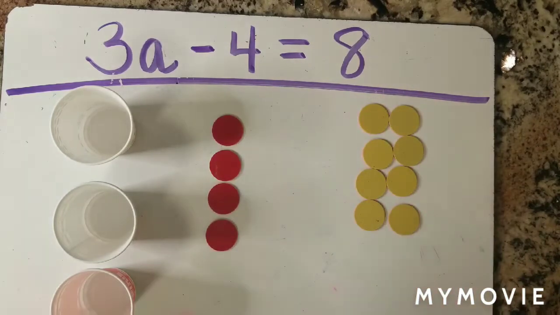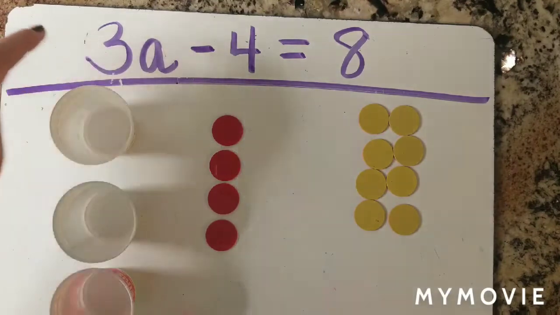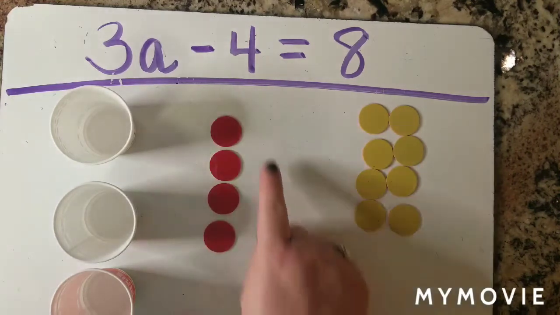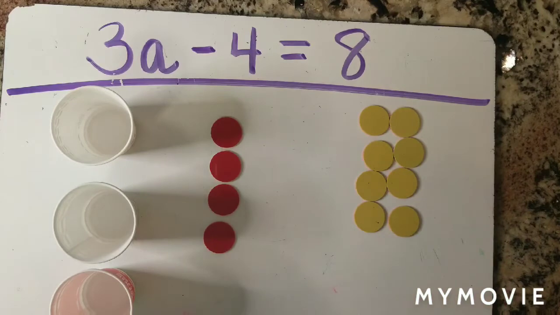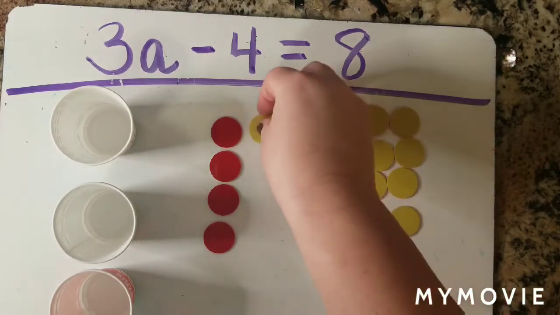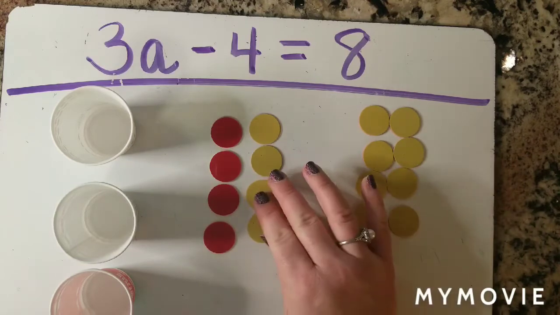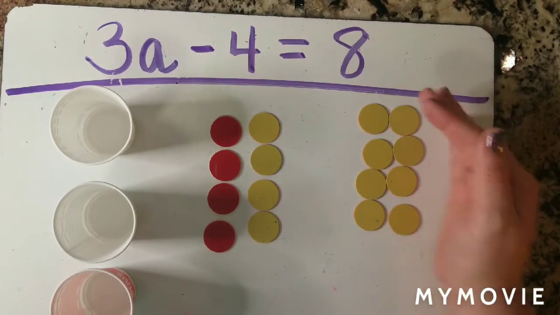So the first thing I need to do is I know that my variable wants to be alone. So we've got to get rid of as much as we can. I have negative 4, so in order to get rid of it, I can do an additive inverse, which would be positive 4. And if I do positive 4 here, then I also have to do positive 4 here.